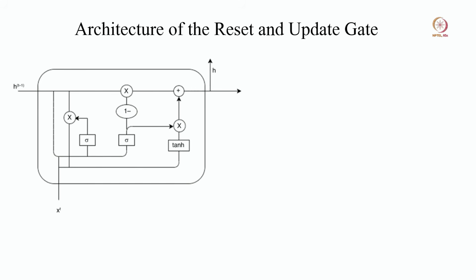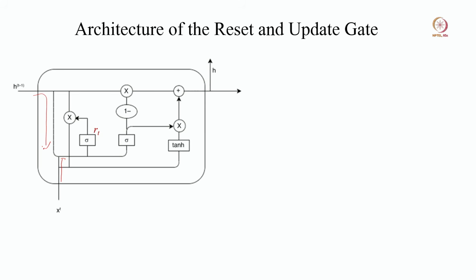We will look into this picture and see where exactly the reset gate is, where is the update gate and where is the hidden state. Let us look into this one. This is my x_t and this is my h_{t-1}.